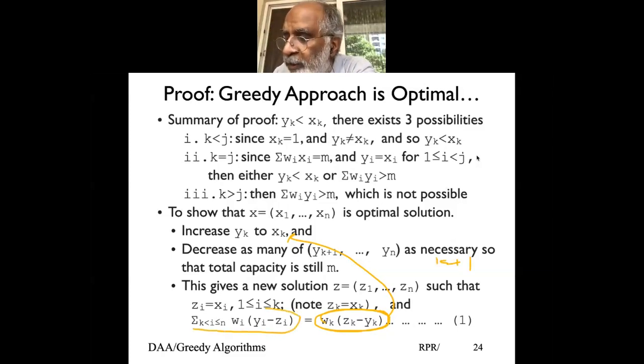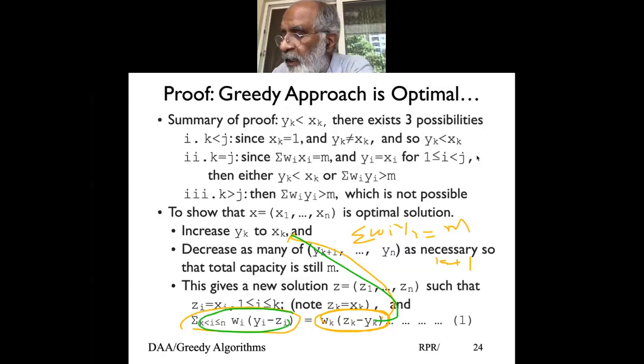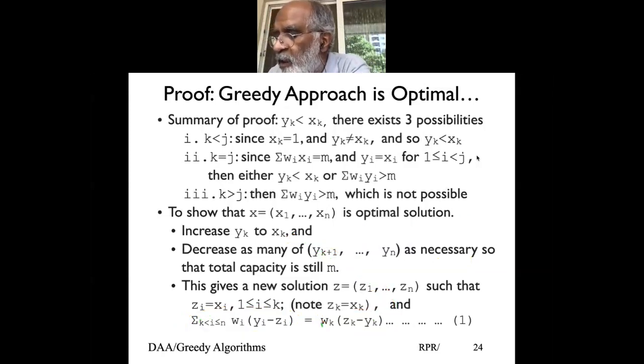I need to decrease the respective weight to make sure that my sigma wi yi remains equal to m. So I increase yk to xk and decrease the remaining weight such that the total weight remains the same. That means wk into (zk minus yk) is equivalent to this, and we'll take this property.